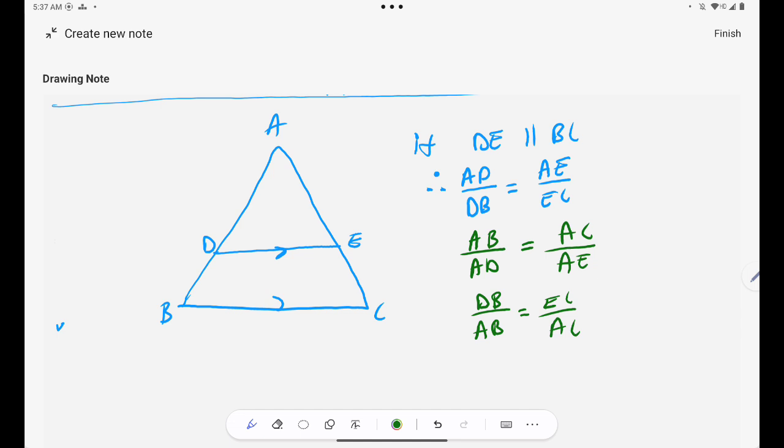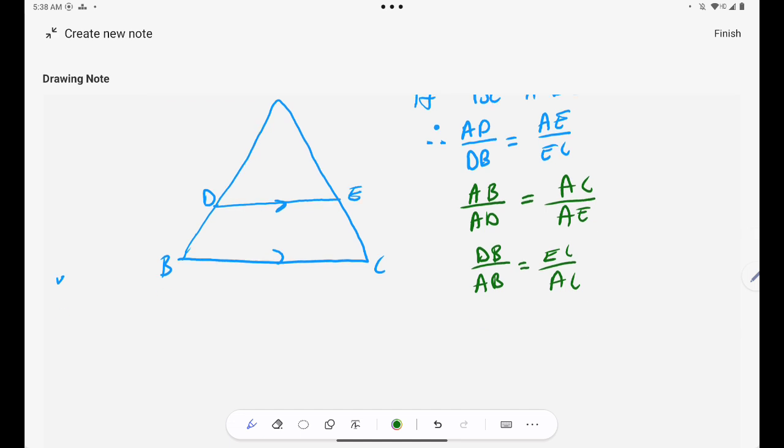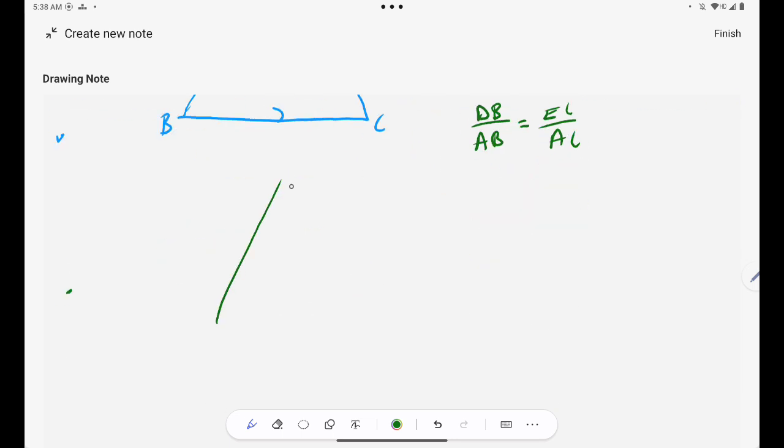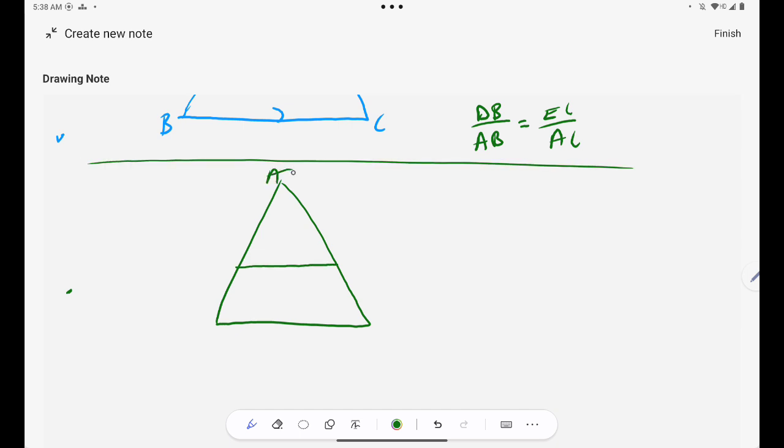The theorem states that if a line is drawn parallel to one side of a triangle, then that line should divide the other two sides of the triangle in the same proportion. Then its converse theorem simply says, if you have A, B, C, D, and E, right?